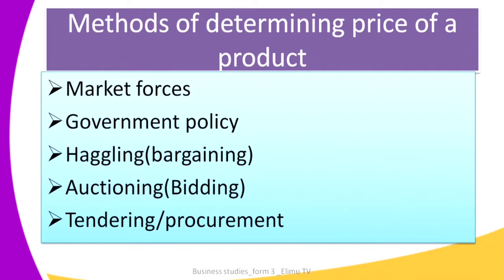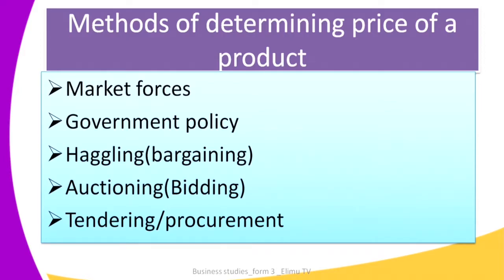Bargaining is whereby the buyer and the seller negotiate the price of a product. The seller states the price at which he or she would like the goods to cost.